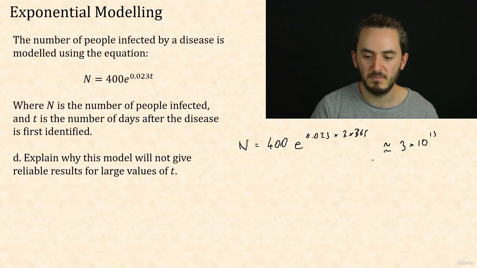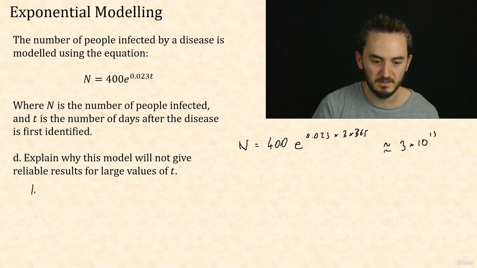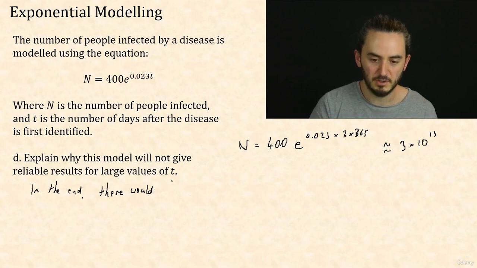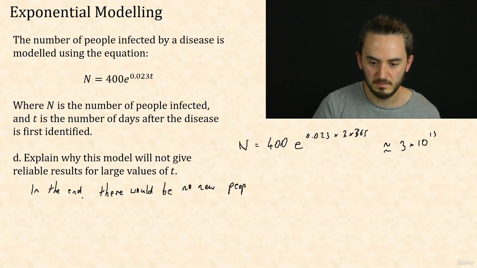So the easiest answer here would be something like, in the end there would be no more people to get the disease. Not necessarily, I'm not saying they've all died or anything, nothing morbid like that, just if everyone's got it, then no new people get it. There would be no new people to get the disease, since everyone has it.